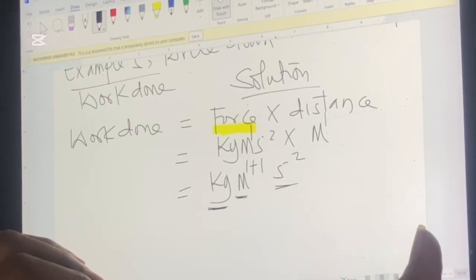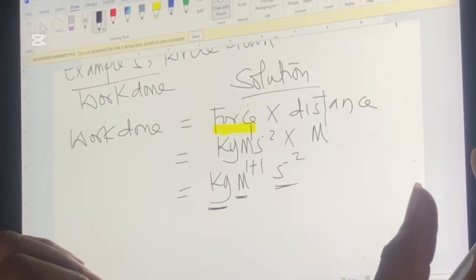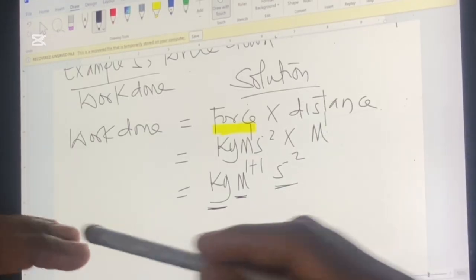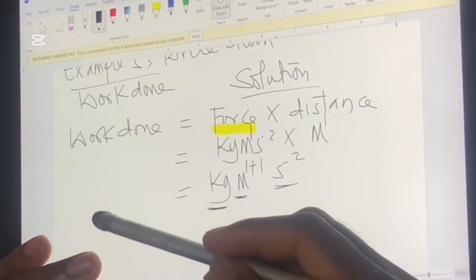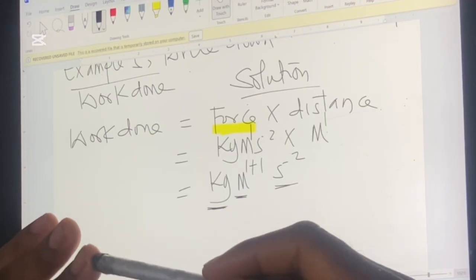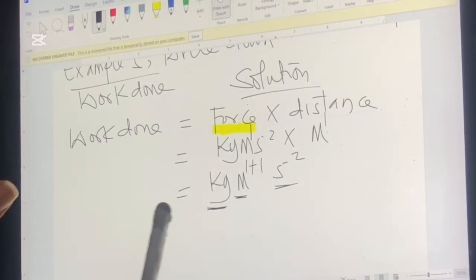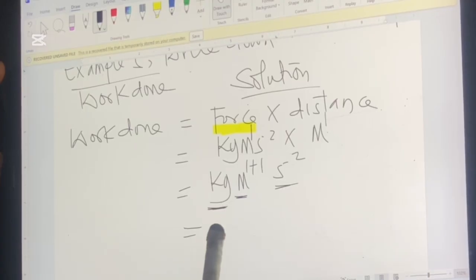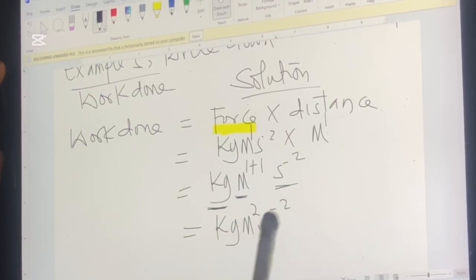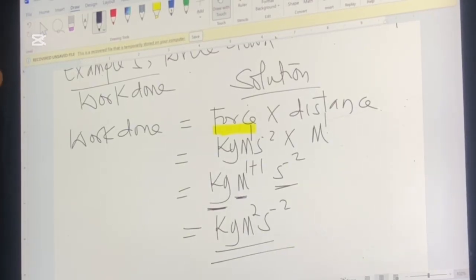So in summary, whenever you are writing any unit, the unit must be arranged according to the fundamental quantities. Please take note. So kg comes before meter, meter comes before seconds. Let's simplify this. This will be equal to kg meter square per second square. This is the unit of work done. Please take note.